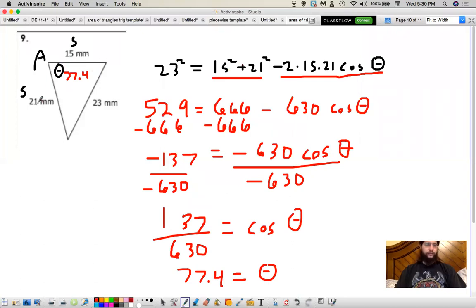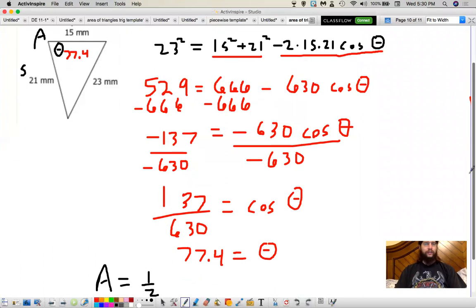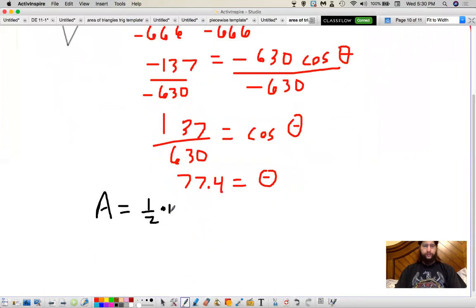But if you do, you're going to use half times 21 times 15 sine of 77.4. Yes, it's still sine. Just because we use law of cosines to do something else doesn't mean we switch to cosine. Area is 1/2, completely forgot the numbers, 15 and 21, sine of that 77.4.